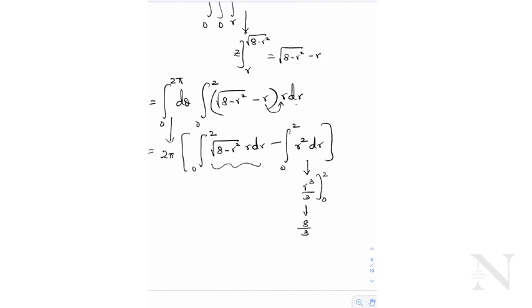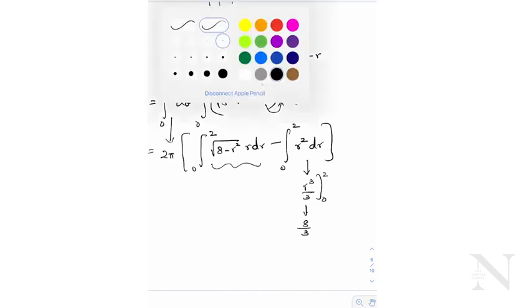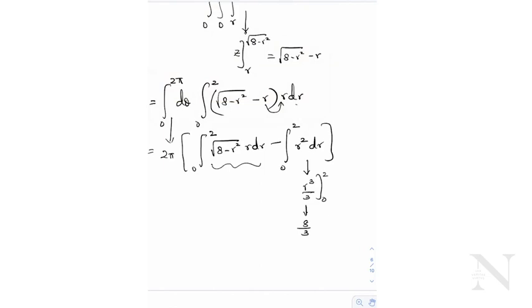How would you do this integral? Use substitution, right? It looks like you cannot keep that down.